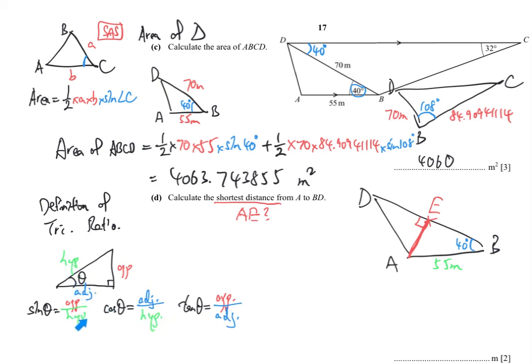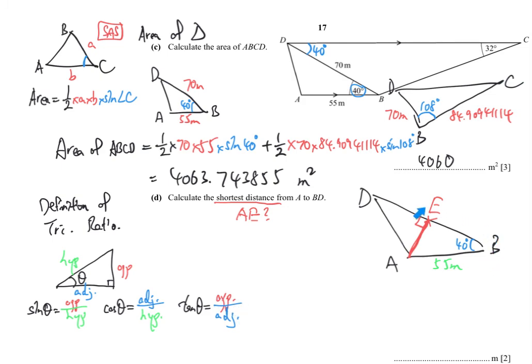So the hypotenuse must be in the denominator for sine or cosine theta. And for tangent theta, it will be the opposite side divided by the adjacent side. Another thing you can see is that the opposite side must be in the numerator, it can't be in the denominator. But you just need to memorize it, right?